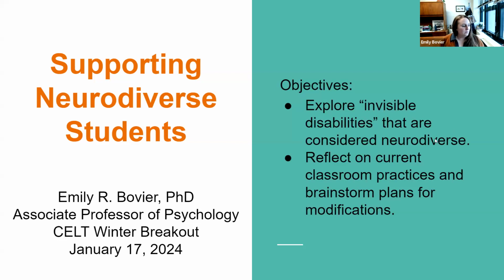So we'll spend some time giving an overview of what those invisible disabilities might, quote unquote, look like. And then we'll take some time to reflect on our current classroom practices, or if you're a staff member, some of the practices that you work with students, and brainstorm plans for any modifications that we might need to make to ensure that we are supporting and including our neurodiverse students.